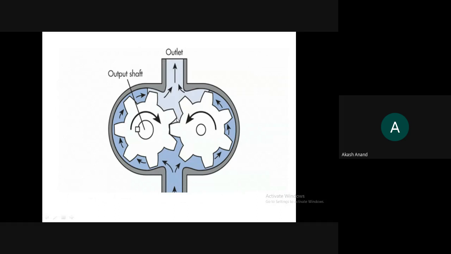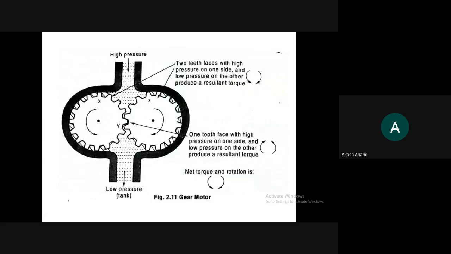Okay. So this is the basic idea. You just understand, with the help of a pressurized fluid, they are actually creating a pressure difference, with the help of casing and gears.